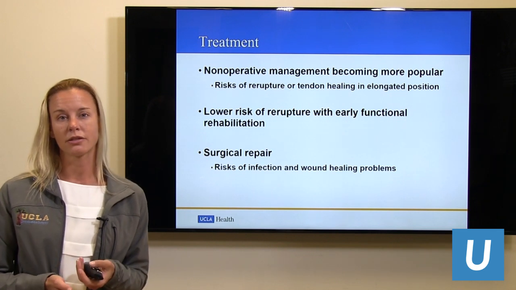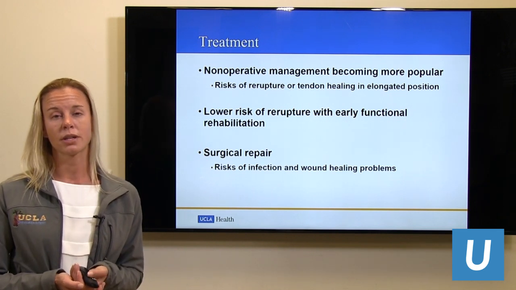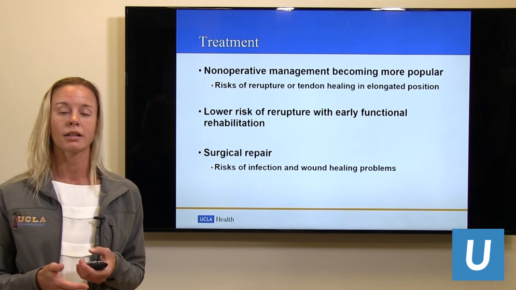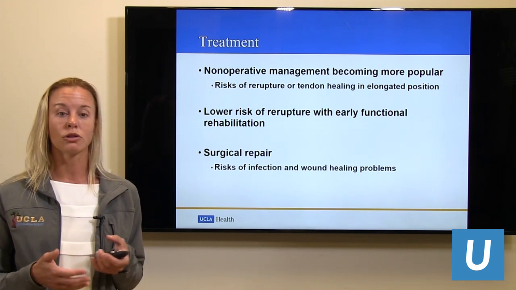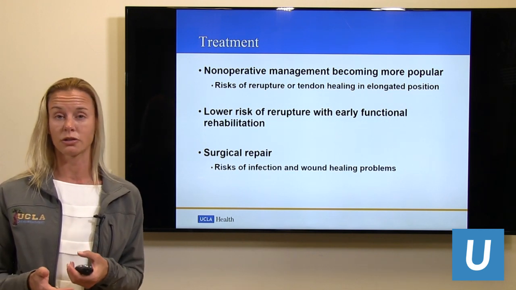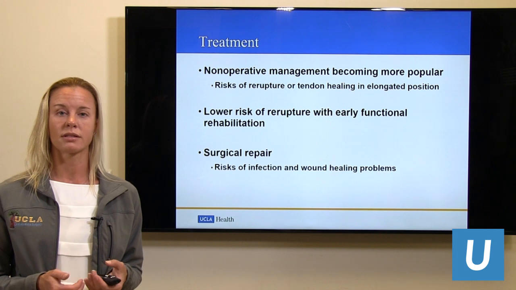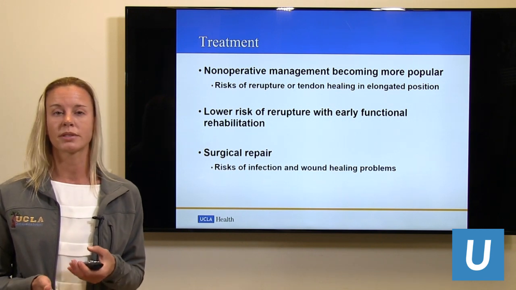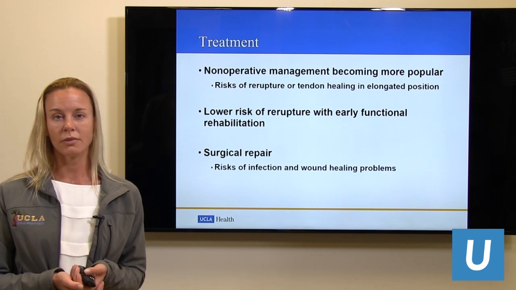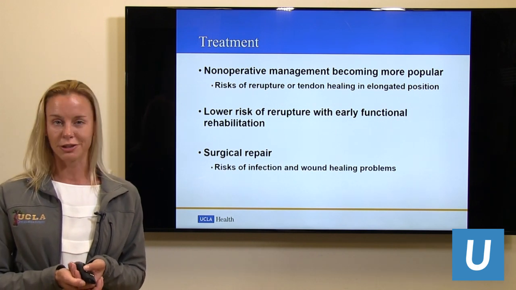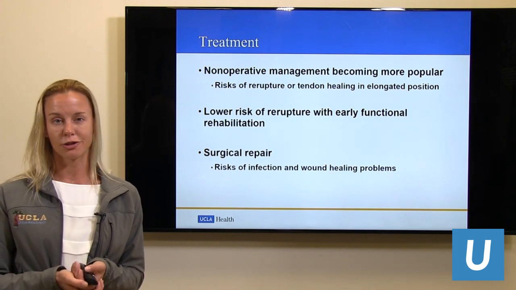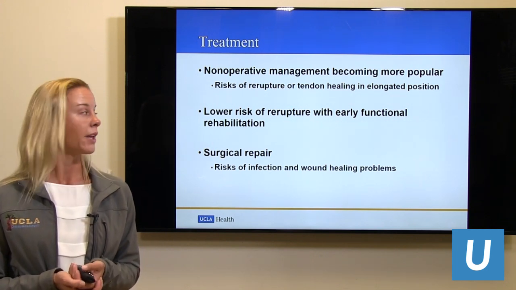There's been a shift to where we're now treating a lot more of these without surgery, because studies have shown that getting people back to early functional rehab has just as good results as surgery, and you don't have all the risks of infection and wound healing problems that you can get with surgery. Usually whoever you see will have a discussion with you about this, and based on what you think is the best decision for you, you decide your treatment from there.